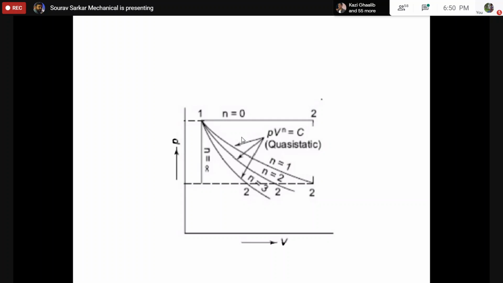Which intermediate points it will follow will depend upon how you are transferring heat and work. You got my point? So why does a system change its state from 1 to 2? Because you have some driving force. That driving force causes the typical intermediate points through which it will pass.